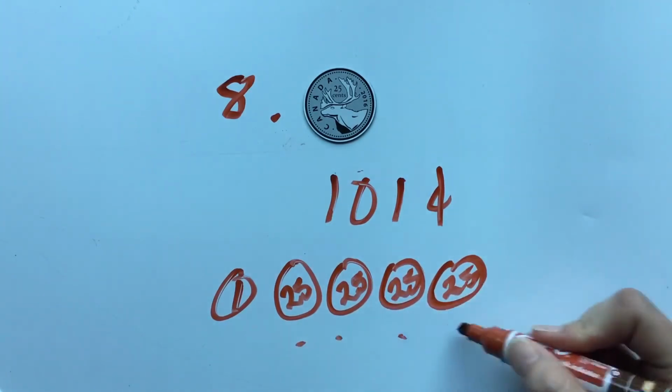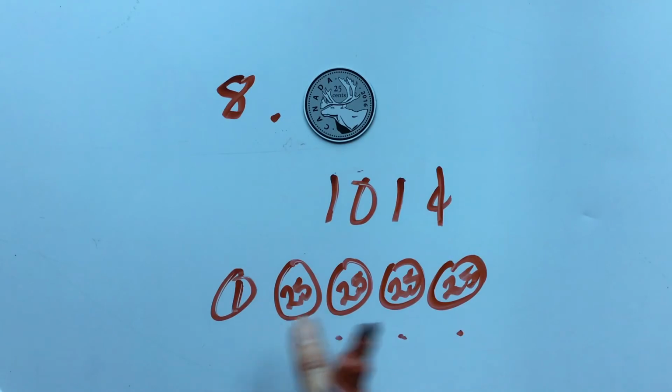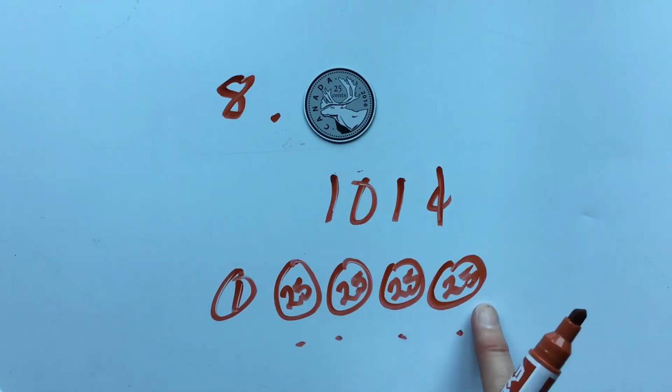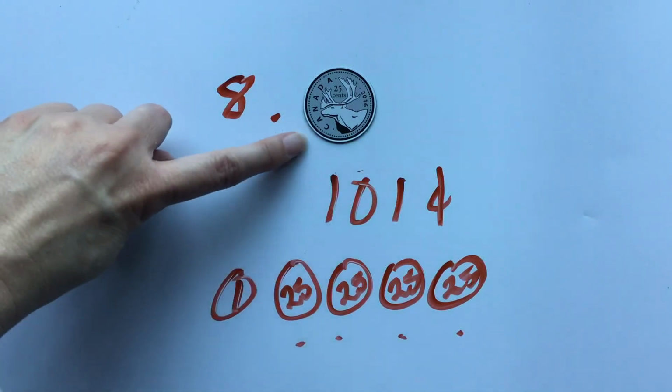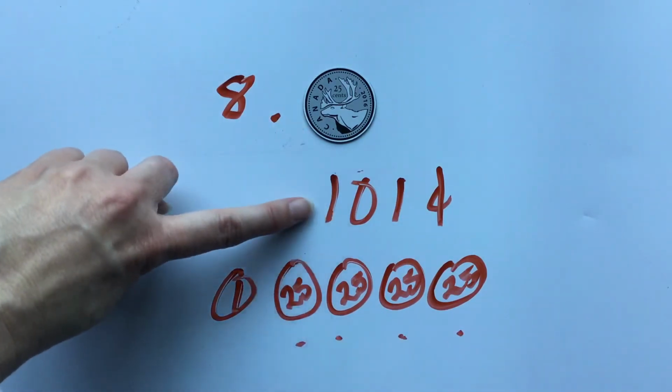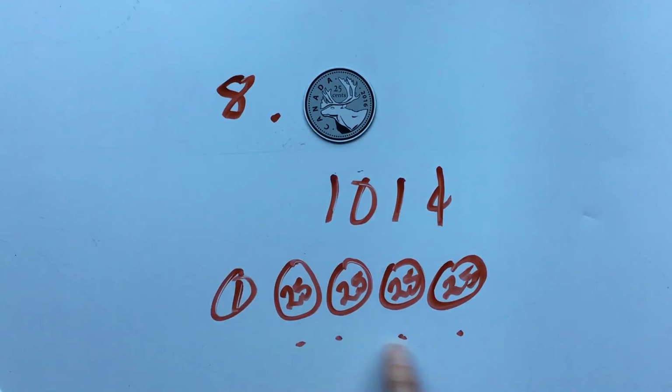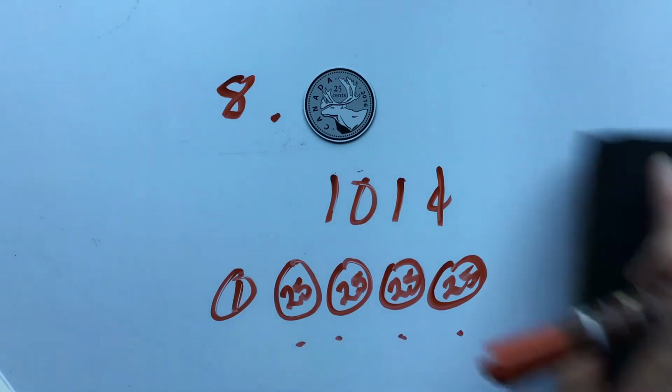I've added these 4 quarters. 25, 50, 75, 100, and 1 cent. So for question number 8, you are adding on quarters to an amount so that you can get to this amount. All right? So when you look now at question number 9, it changes a little bit.